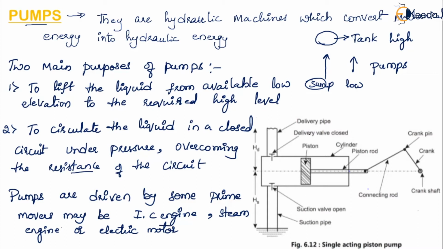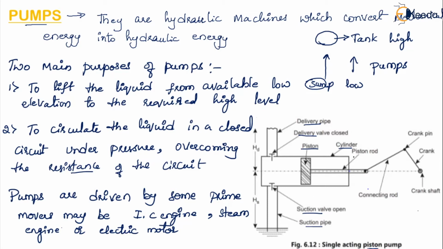Here you can see a single acting piston pump which can be taken as the example. It is called a piston pump because it consists of a piston and cylinder arrangement. There are two valves, one is the suction valve, the other is the delivery valve, and two pipes, suction pipe and delivery pipe.